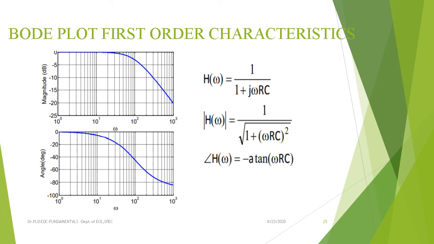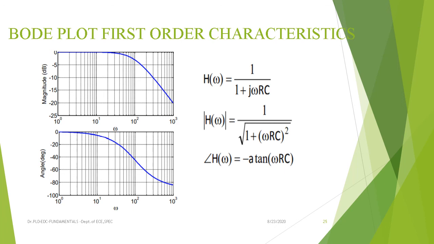After normalization, once converted into dB, we have a maximum value of 0 and the remaining values are negative. If we plot this magnitude and angle this way, these are called the Bode plots of first order characteristics. First order characteristics means a resistance in combination with only one reactive component; we consider that circuit or equation a first order equation.